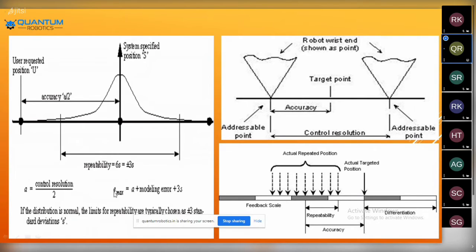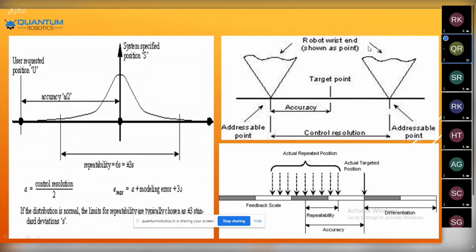Then you will get the distance or displacement of a particular area of cross section. According to that, the robot is going to move from one place to another to do the repeatability task or multiple tasks in a short variance of time. Here you can see our robot wrist and a target point.